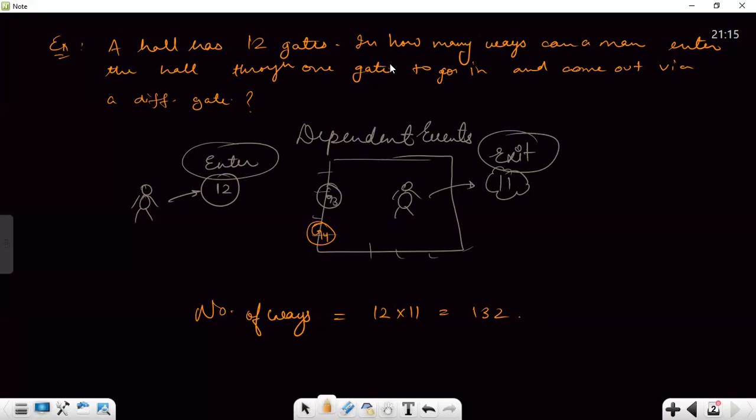If he had a choice of exiting through any gate, regardless of the gate he entered through, then the events would become independent, and the total number of ways would be 12 plus 12. So the number of ways in that case would be 24. Are you able to understand this fact? Clear, everyone? Yes, sir.